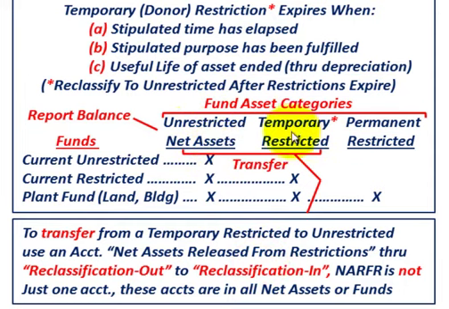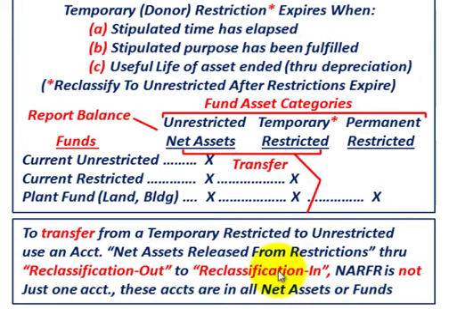So we're going to transfer it out of temporarily restricted net assets into the unrestricted net assets, using these two account titles, the Reclassification-Out and the Reclassification-In. So net assets released from restrictions is really those two accounts, and it's not just one account. These accounts are in all the net assets or funds.